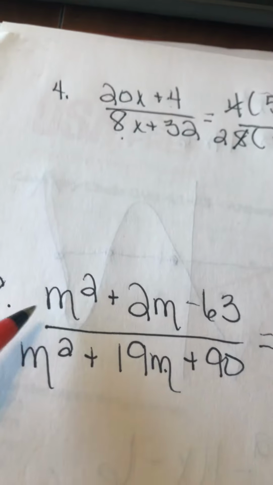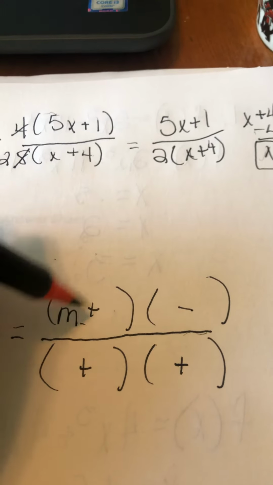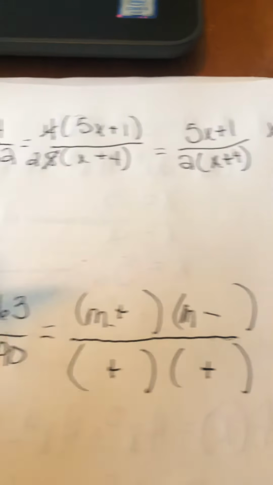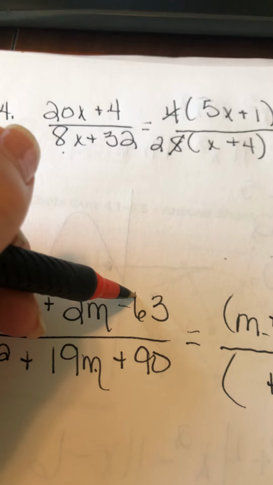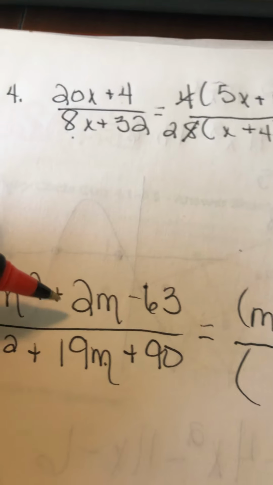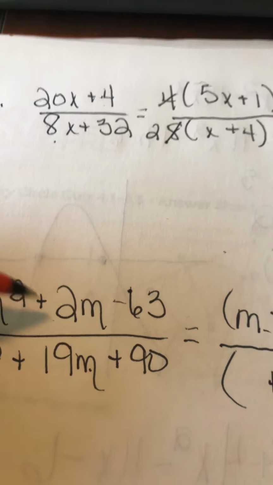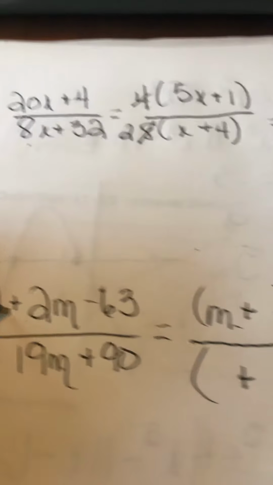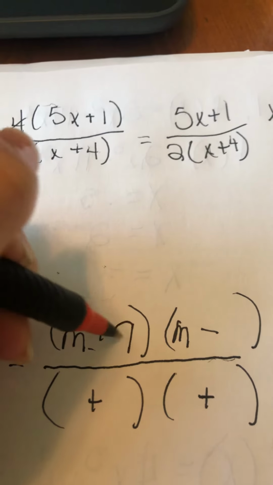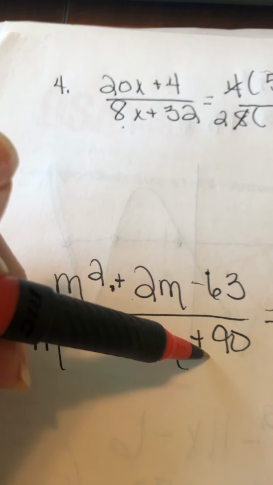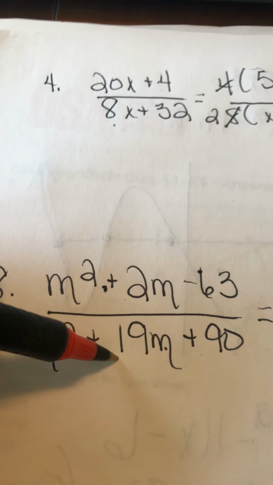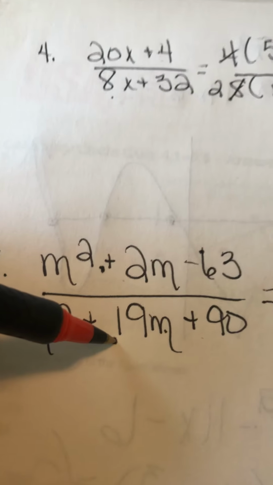I'm going to take the only possible factors of m squared, which is m and m, and then the factors of 63. Because we have a positive and negative, we want factors of 63 with a difference of 2, which is 7 times 9. Because that's positive, my 9 goes behind the positive. Then here we want factors of 90 that add up to 19. I know that seems hard, but it's just 10 and 9.